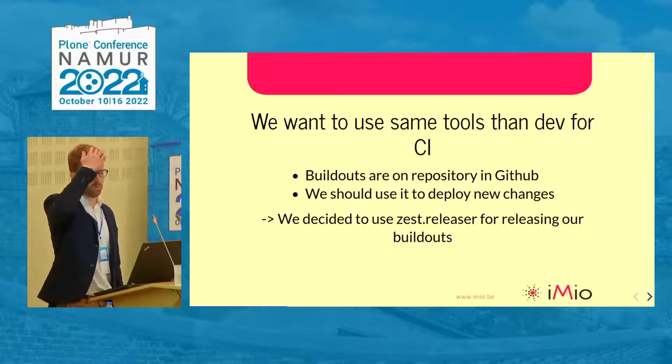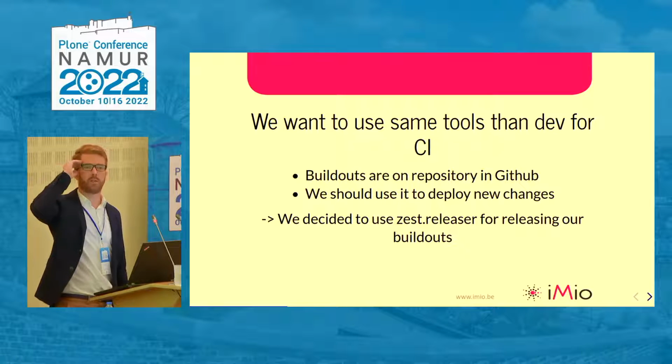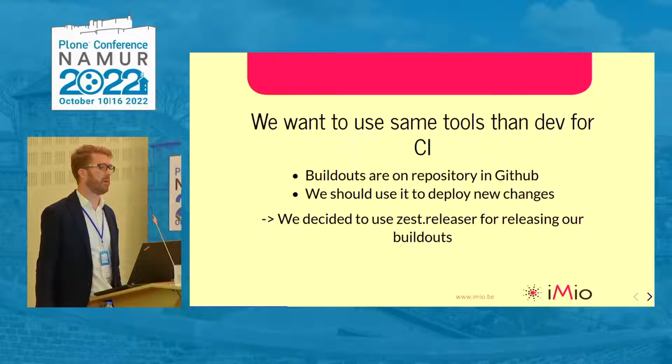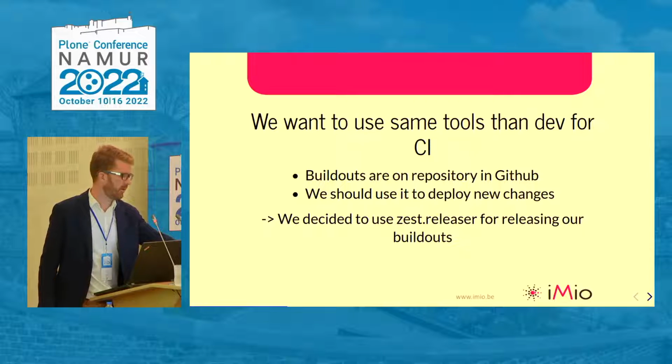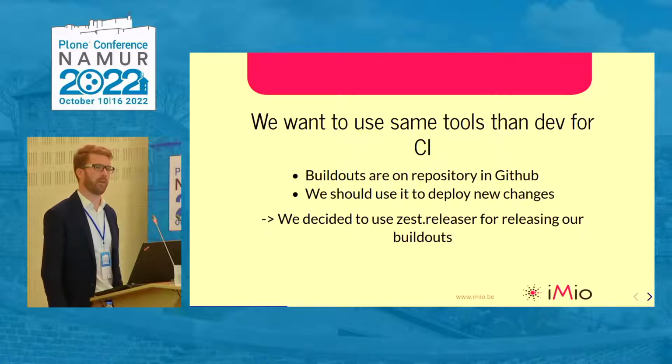We also want to use the same tools the devs use every day. Every day we work with Python, so we make releases on PyPI, and we use zest.releaser for that. I don't know if you know this tool, but it's really easy to make a release for Python packages with it.